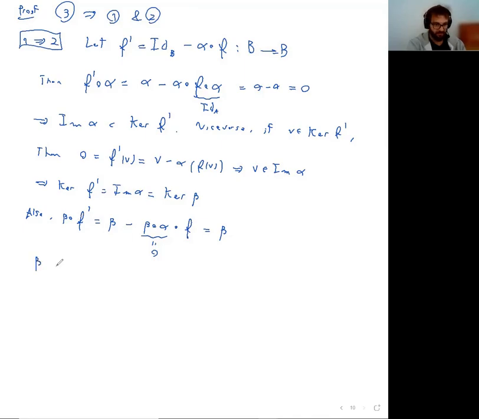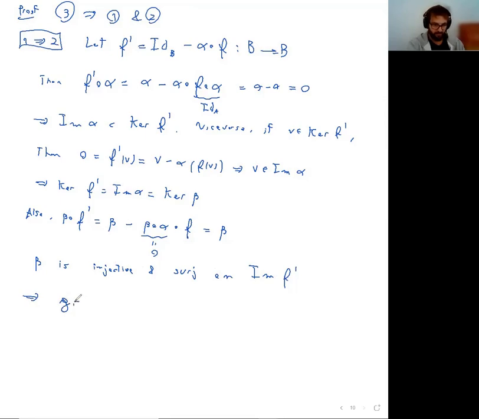Well, this means that beta is injective and surjective on the image of F prime. Just on the image. But then this means that beta admits an inverse if you restrict it to the image of F prime.